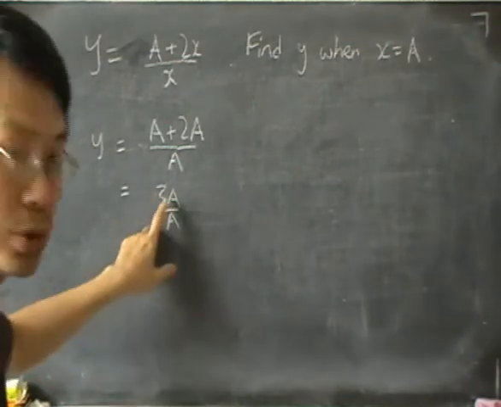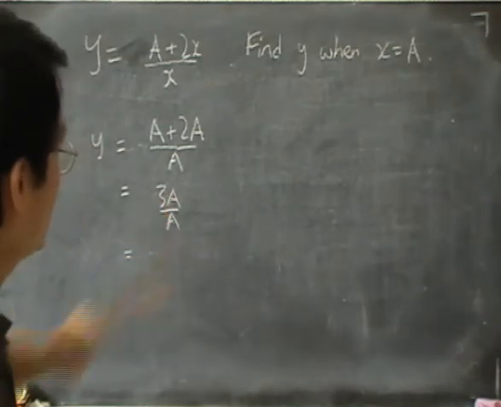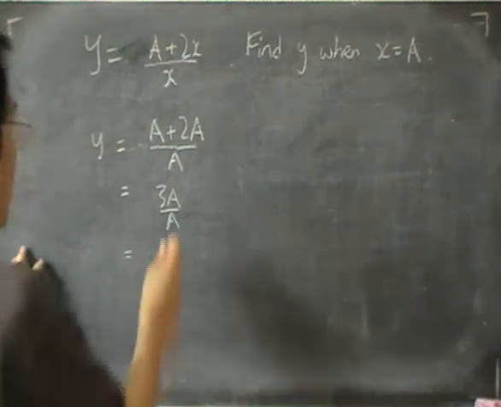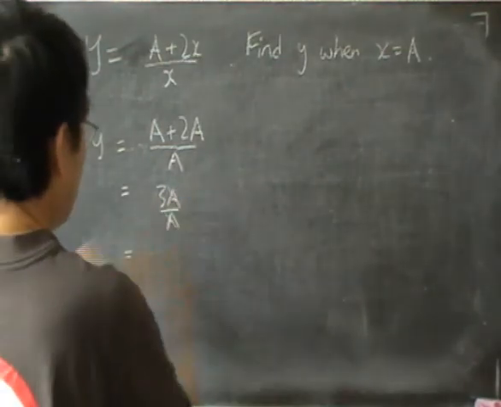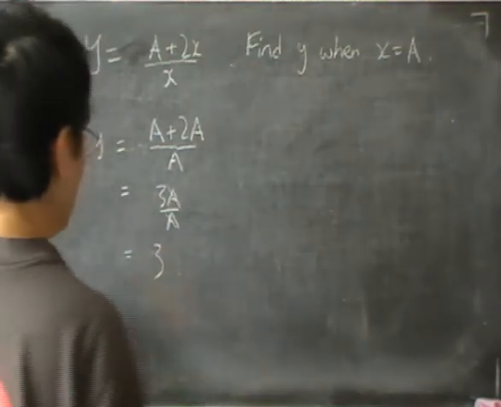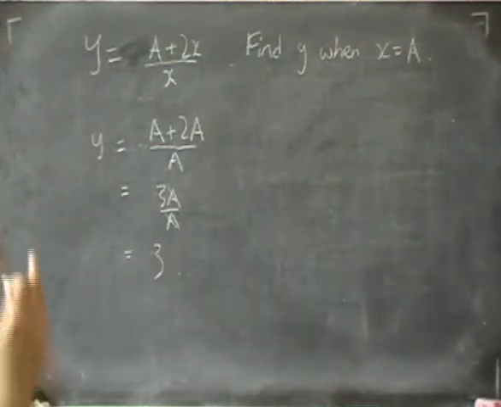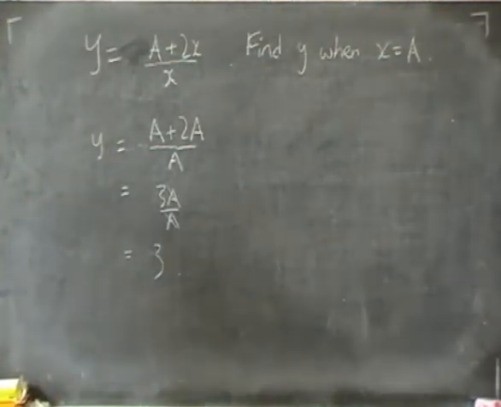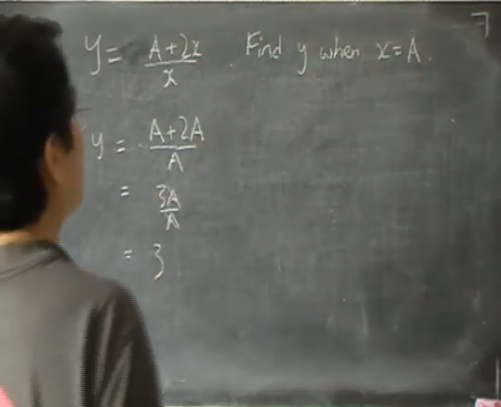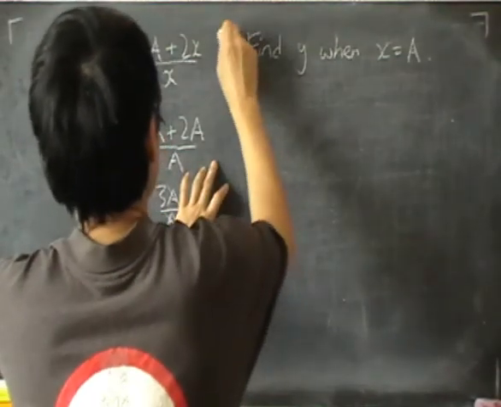Okay, 3a is 3 times a, over a means divide by a. So we have a divided by a here, which we can cancel. And the answer is 3. So that's how we do this. That's the first part of this question.